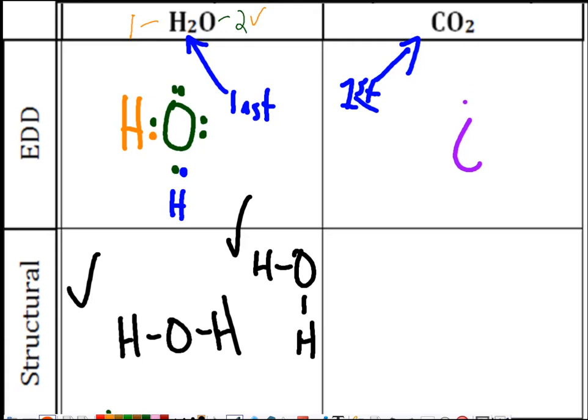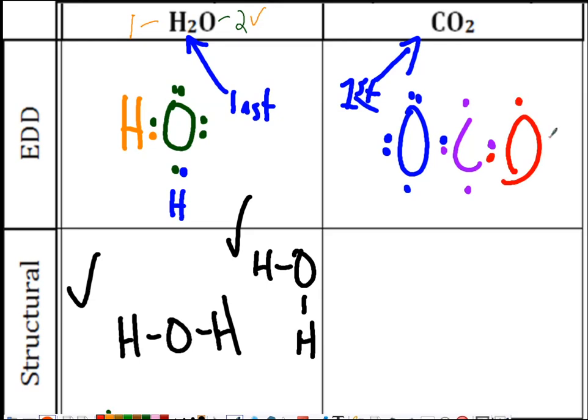We're going to start with our carbon, which has 1, 2, 3, 4. Then I'm going to have my oxygen, which has 1, 2, 3, 4, 5, 6. Then I'm going to have my last oxygen over here.